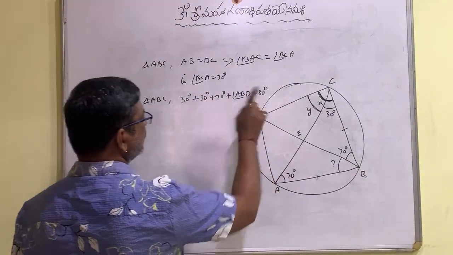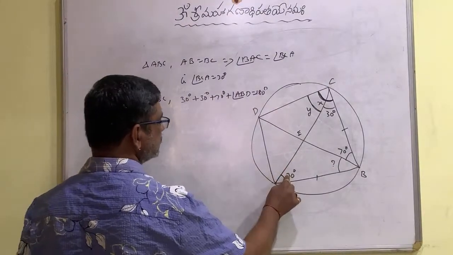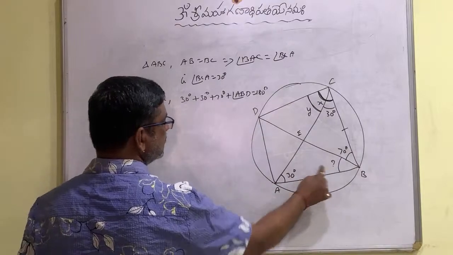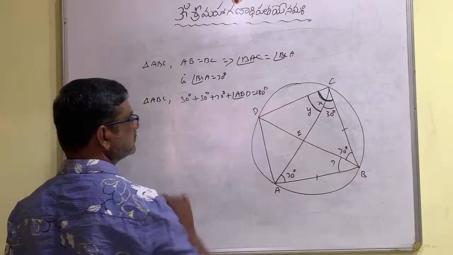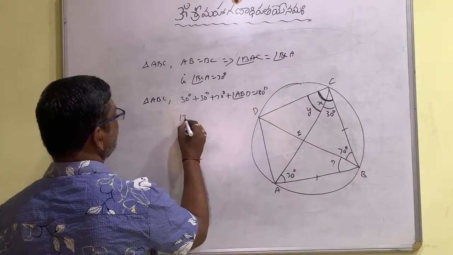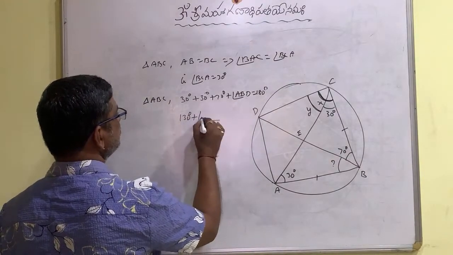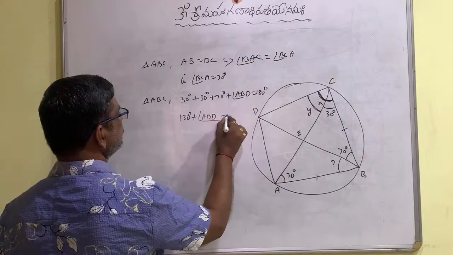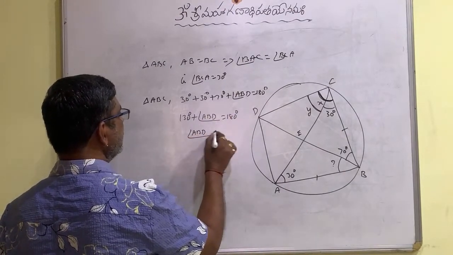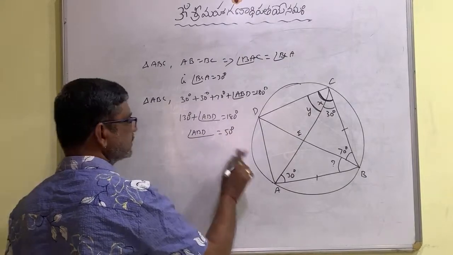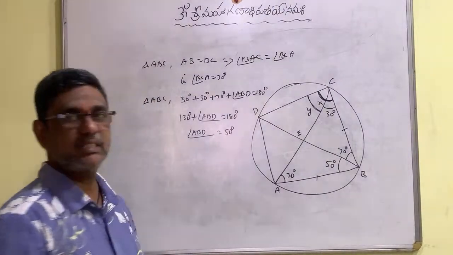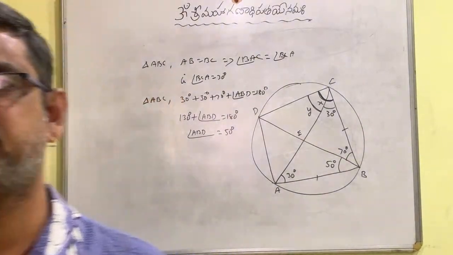So 60 plus 70 plus ABD is 180. So angle ABD is equal to 50 degrees. This one is 50. Very good.